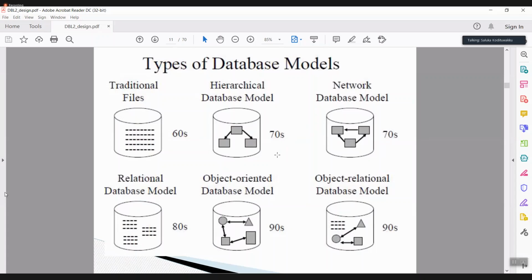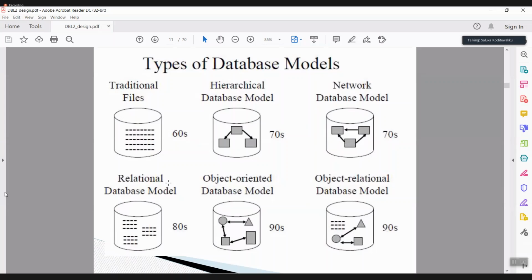Later, even that had problems, so the network database model came, also in the 70s. There, entities may relate not only vertically but horizontally also.